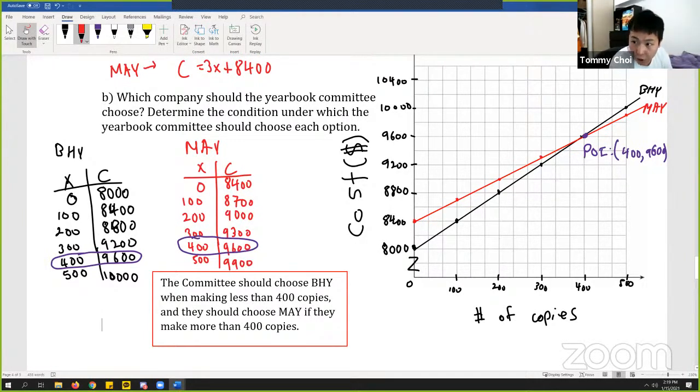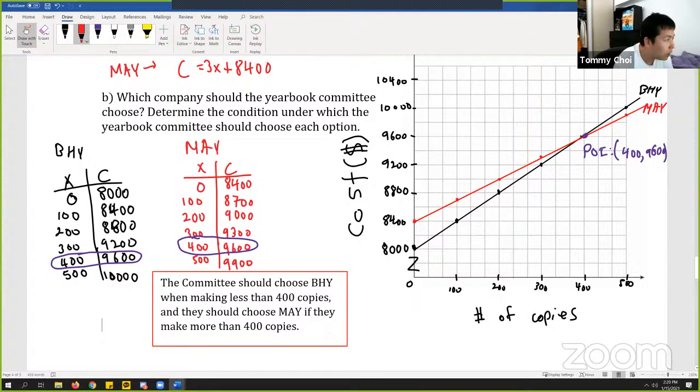So if I ask you at Newtonbrook with 1,000 students, which one should we choose? MAY. Obviously, if we were to pick this company, it would definitely be MAY, right? They're the cheaper option if we have 1,000 students. So there we have it.